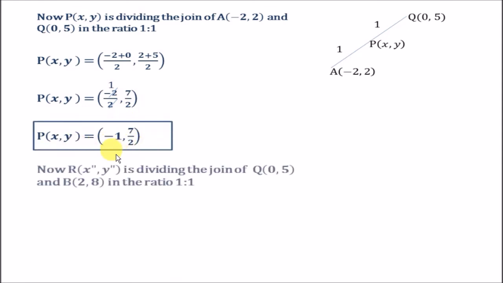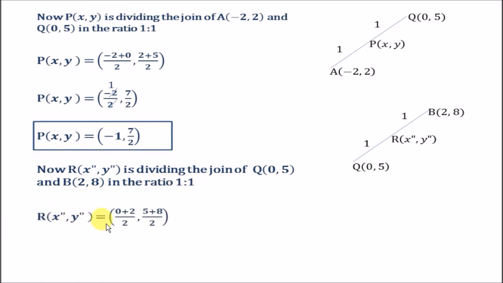Now R is dividing the join of Q 0 comma 5 and B 2 comma 8 in the ratio of 1:1. Let us illustrate in the form of figure. Now we can use the midpoint formula of coordinates. R x double dash comma y double dash equals to sum of x coordinates 0 plus 2 divided by 2, comma sum of y coordinates 5 plus 8 divided by 2.